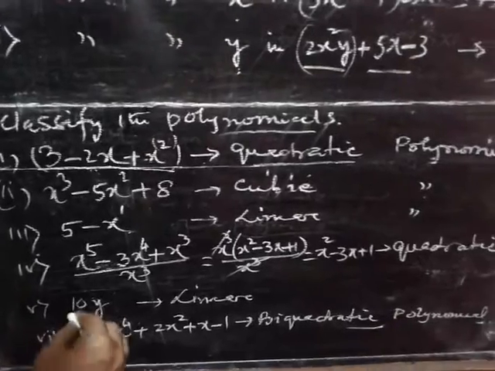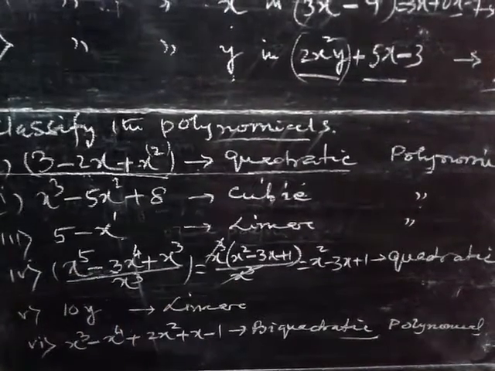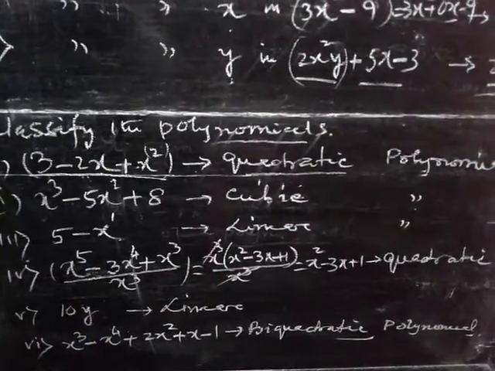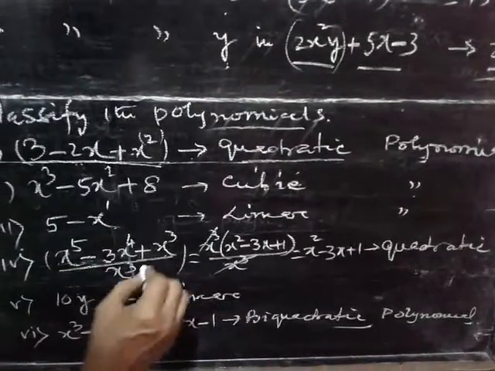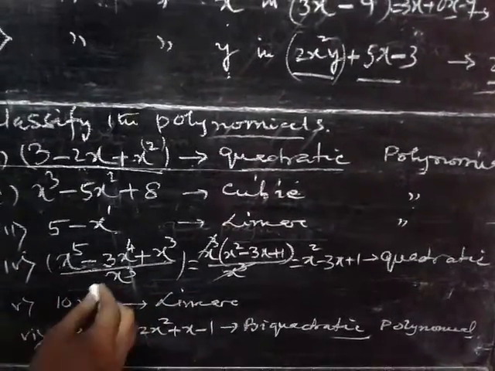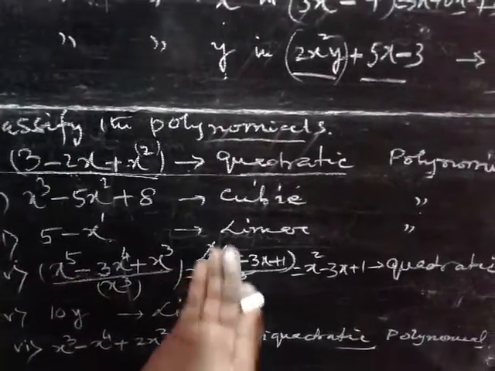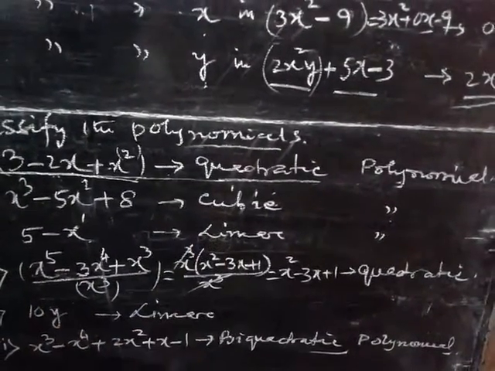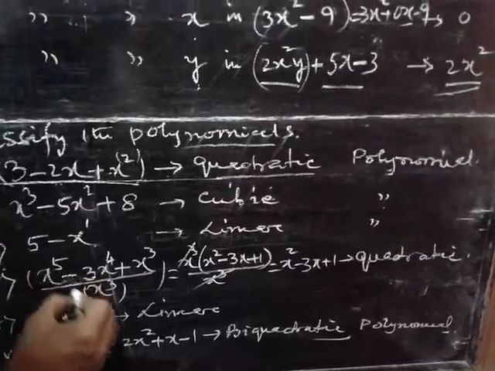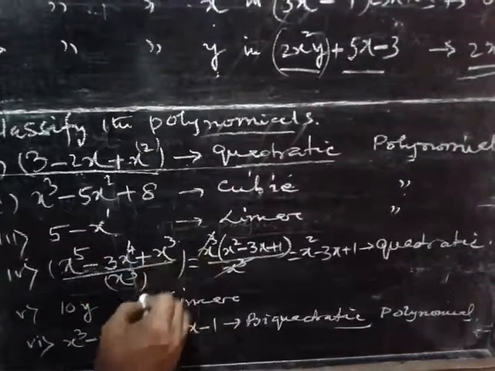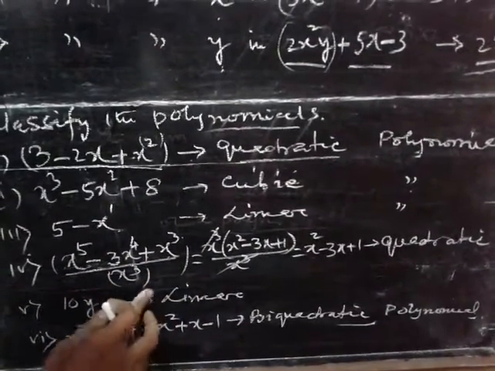And suppose I am asked for this type of polynomial, then you have to derive it from this. First you have to isolate all these things, that is, the denominator should also be 1. Then make it like this and try to find it out. That is x to the power 5 minus 3x to the power 4 plus x cube, divided by x cube, is given.